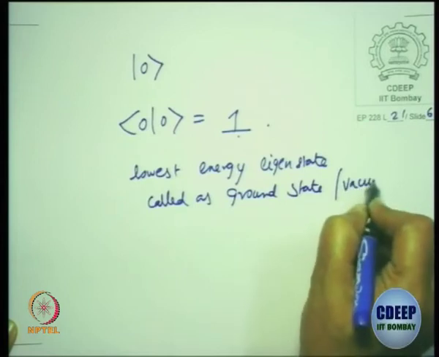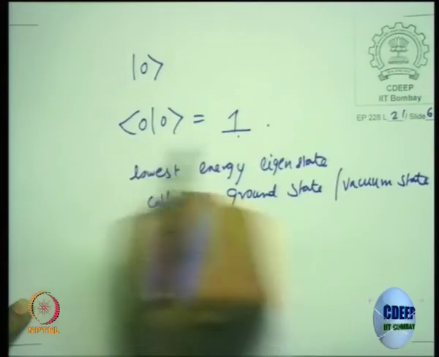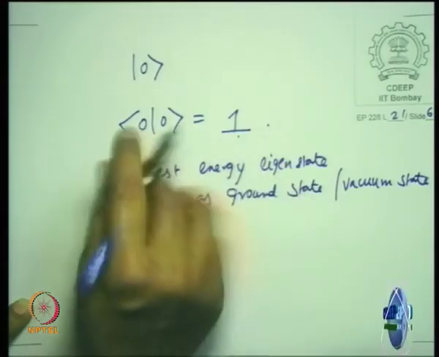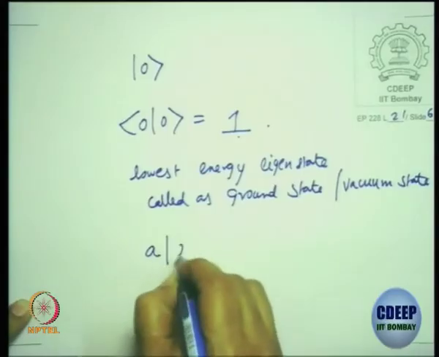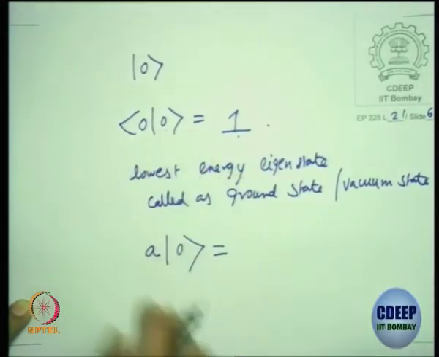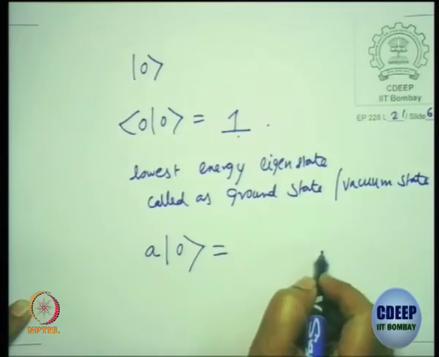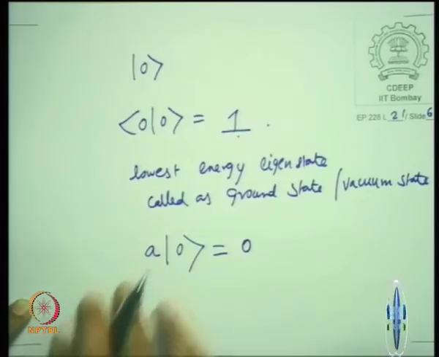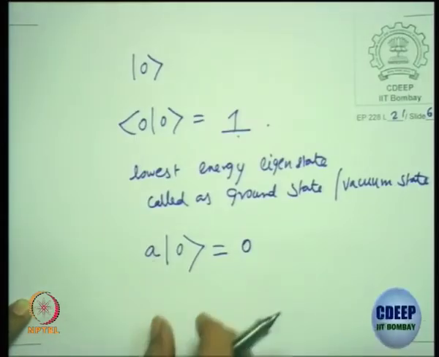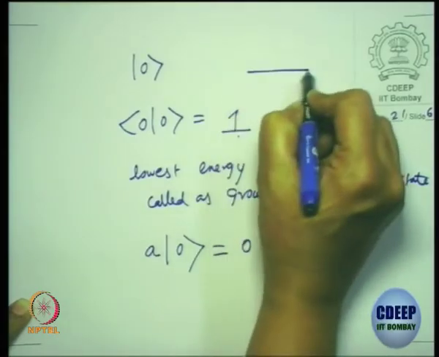Okay. So this condition clearly tells you that it is not a null state. The lowering operator on the ground state is root n times a lowered state, and that root n becomes 0. So you can't lower further below the 0 state, which means there is a lower bound which is 0.